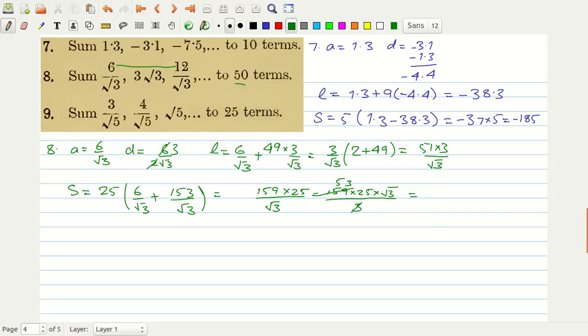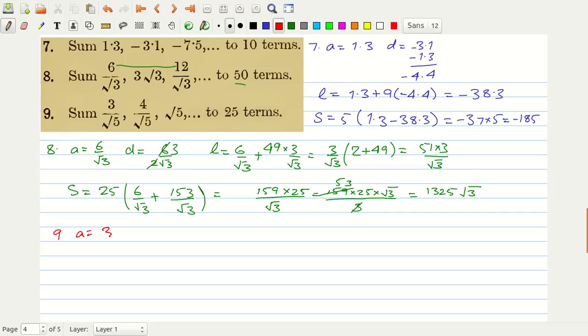And 25 times 3 is 75. 25 times 5 is 125. 125 plus 7 is 132, 1325. So this is problem number 8, and let us look at problem number 9.